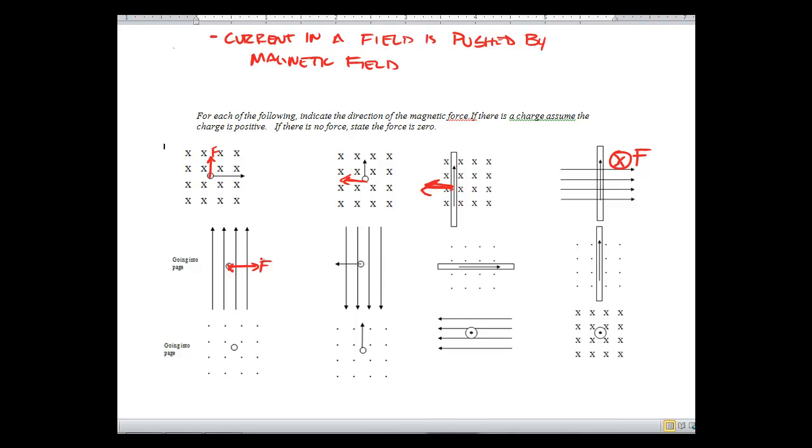The field is down, and we see that we now have a force out of the page. That's how we draw out of the page. It's a dot. Current going to the right, field out of the page, and so the force is down. Current going up, field out of the page, so the force is to the right.